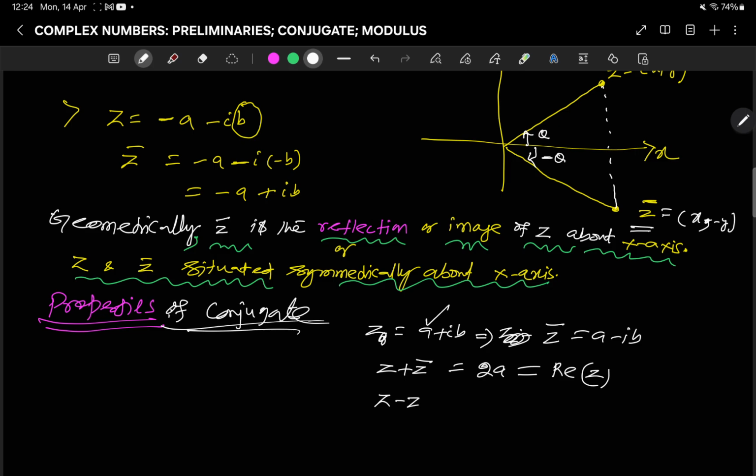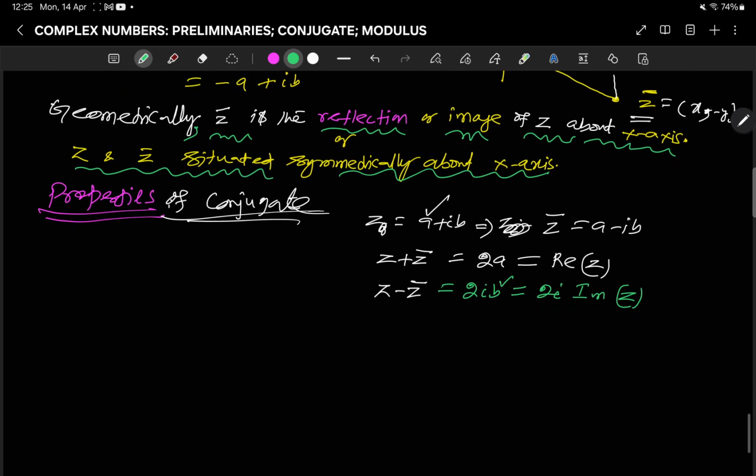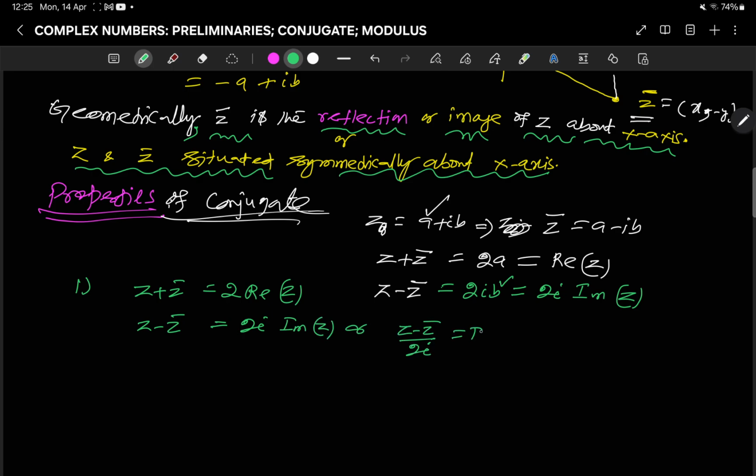If I subtract them, then the a cancels and it is 2ib, so b is the imaginary part of z, and this is 2i times the imaginary part of z. So we have the properties of the conjugate: z plus z conjugate is twice Re(z), z minus z conjugate is 2i Im(z), or I can write (z minus z conjugate) by 2i is Im(z).